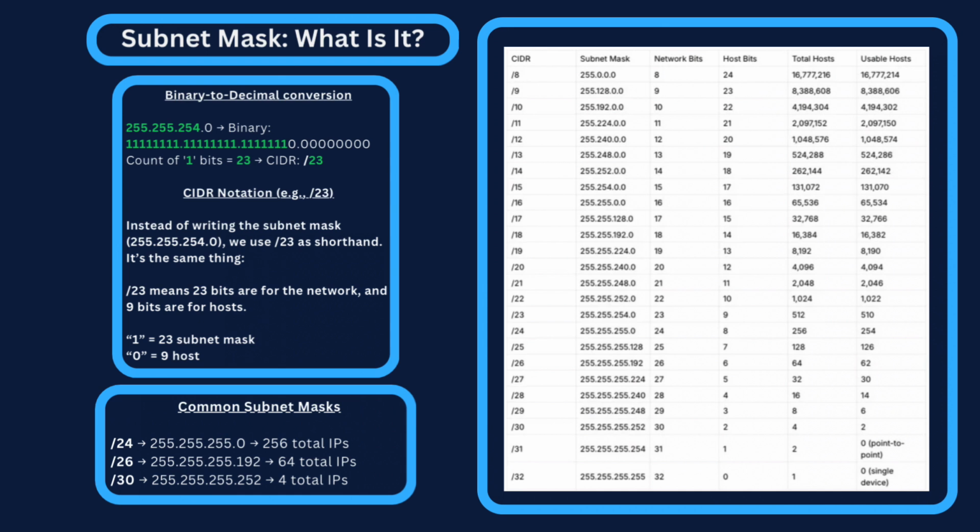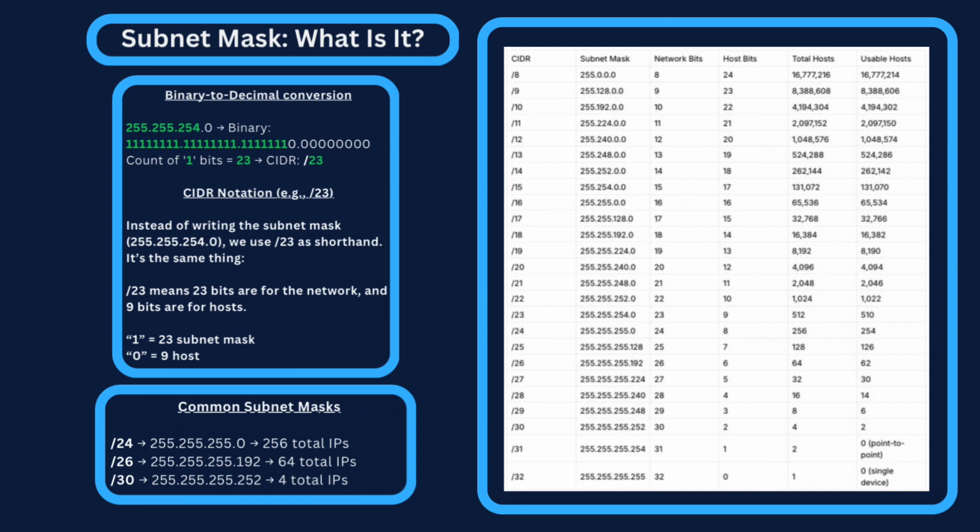Common subnet masks. Here is a small table for quick reference. Next to these blobs is a CIDR notation table, showing how IP addresses are divided based on the subnet mask. Explanation of columns. CIDR, notation for the number of bits used for the network. Subnet mask, the equivalent dotted decimal format of the CIDR.